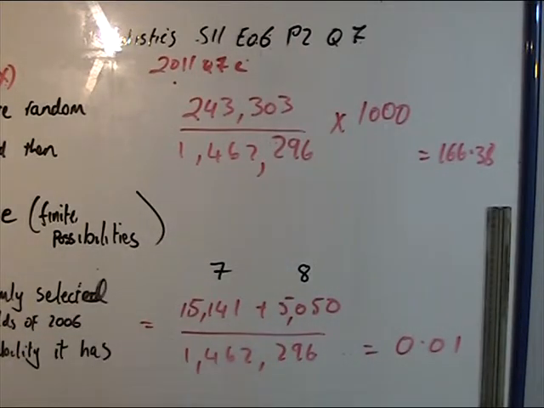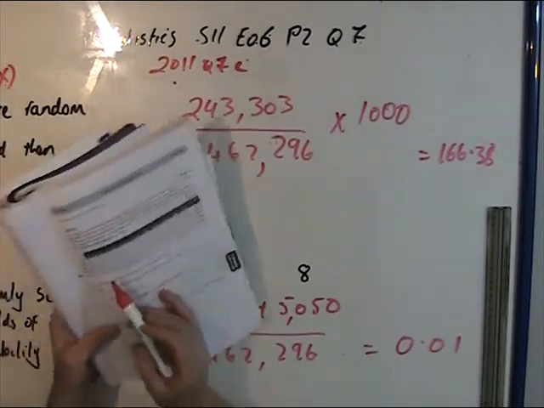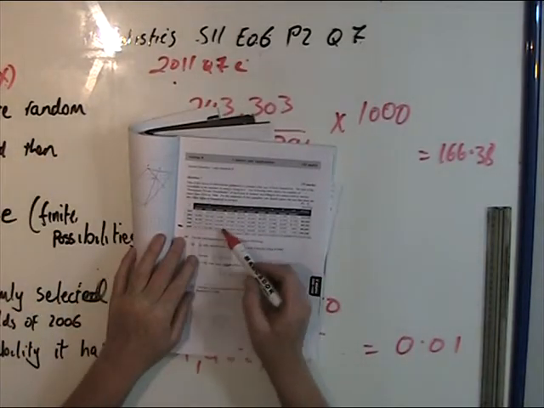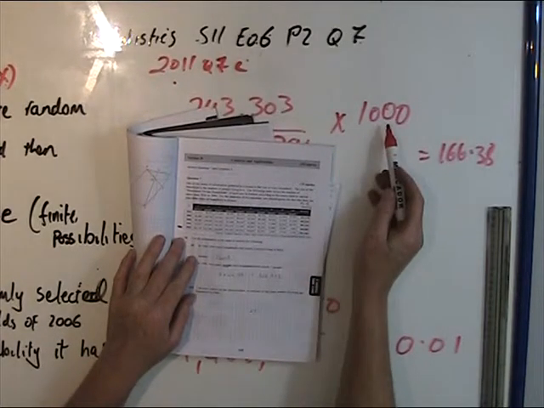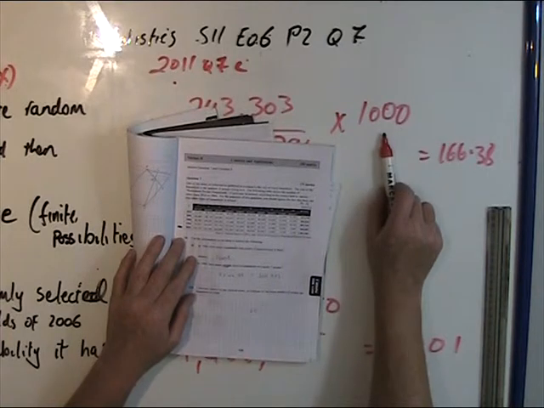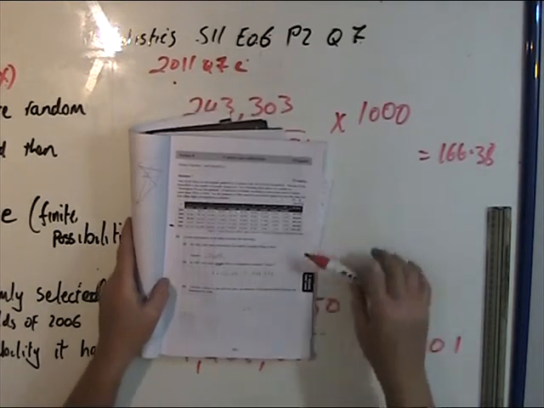So up to 4, you have to go up to 4 and add the previous numbers. You add them all and put it over the total sample size, and then multiply by 1,000, because that is the sample size you're taking, while this is the overall population, or the whole set.